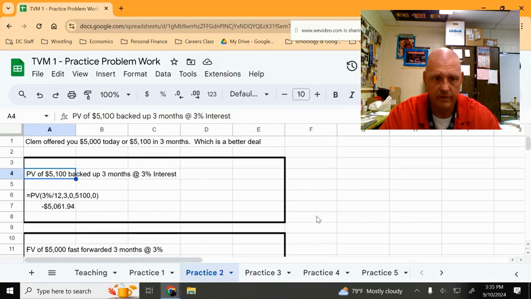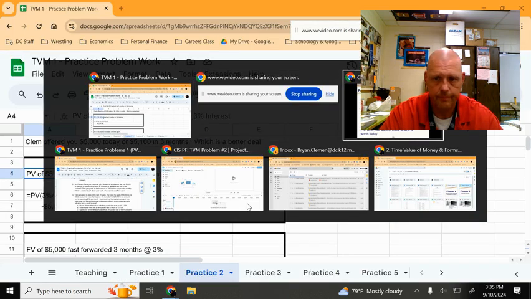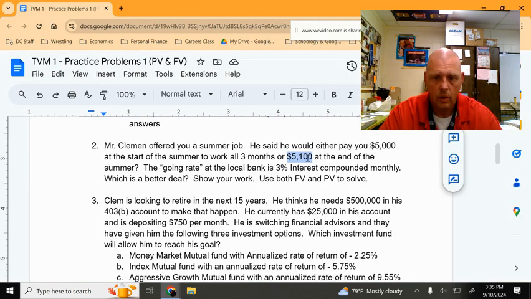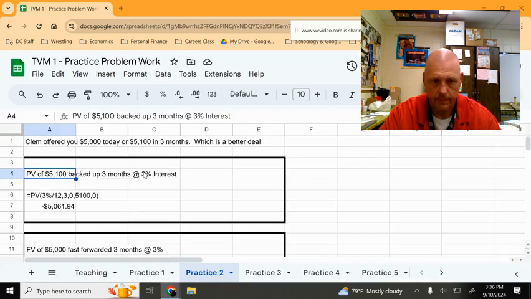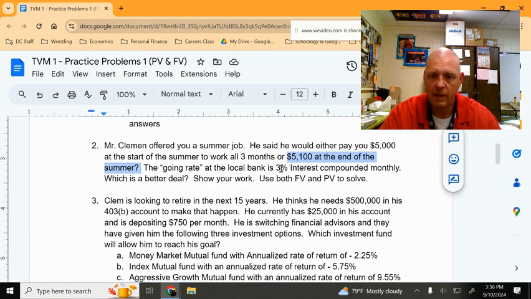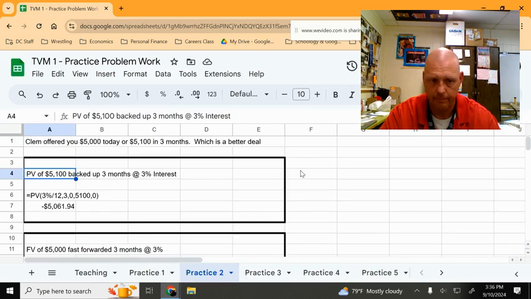So in that example, we're getting $5,100 at the end of the summer. We're leaving it in there for 3 months. So we've got to take this number and back it up 3 months, and it was compounded monthly.